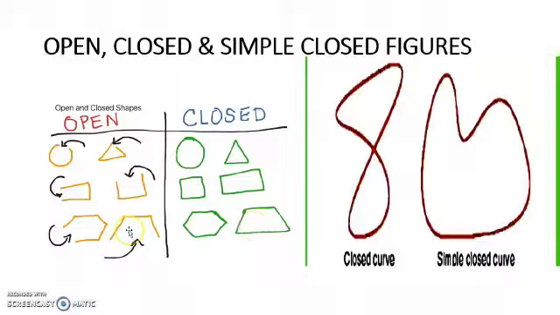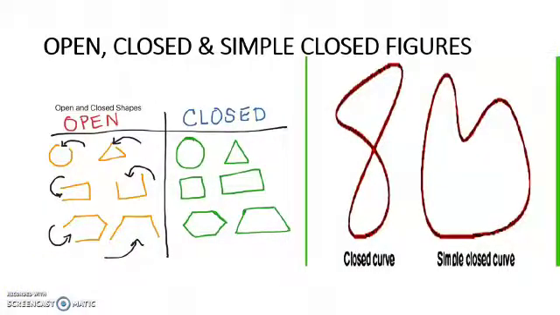And open means it has an opening. So open figures have an opening, closed figures have no opening, and closed figures can be further bifurcated into simple closed, which do not overlap, and closed, which can overlap or intersect each line. So I hope this is also clear.